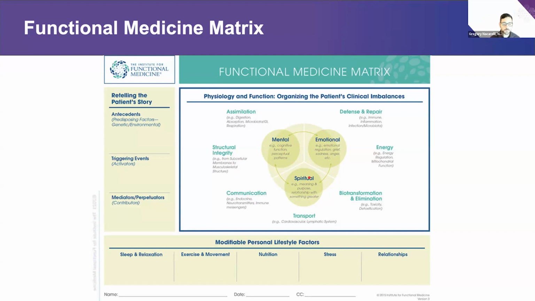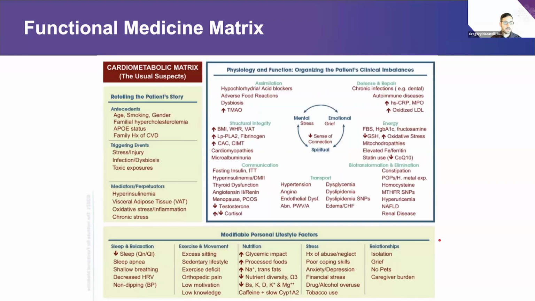Do they have purpose? And then we have modifiable lifestyle factors at the bottom here: sleep and relaxation, exercise and movement, nutrition, stress, and relationships. So what a functional medicine practitioner can do is fill this out with relevant information from their patient intake, patient interaction, and try to identify the areas of dysfunction.